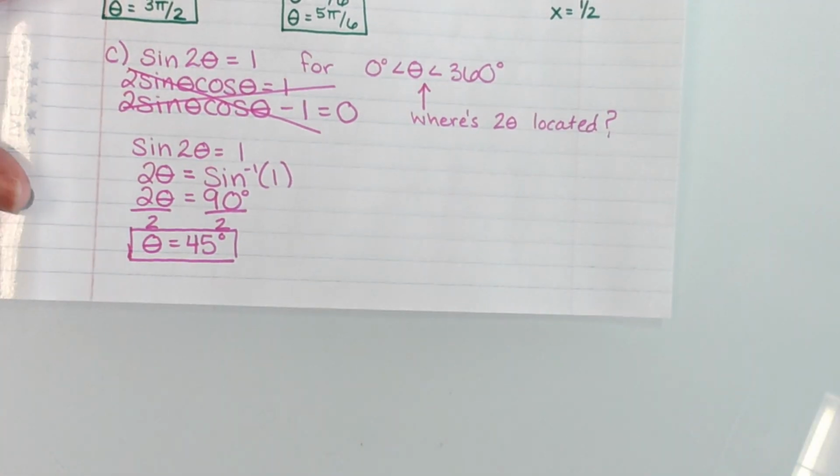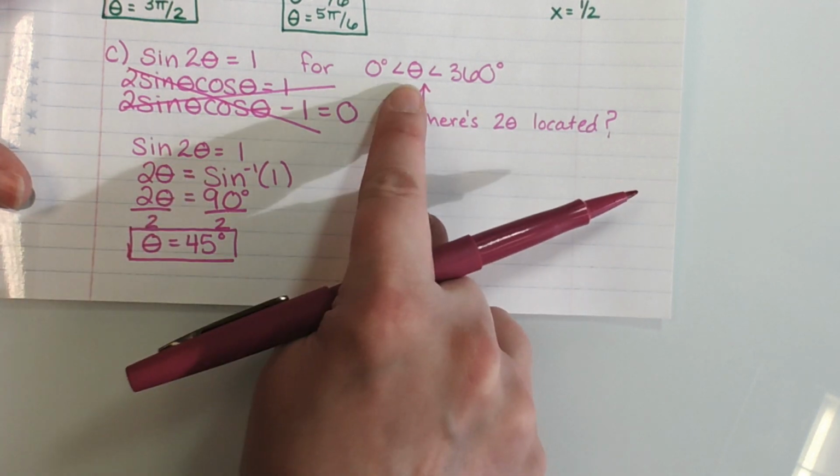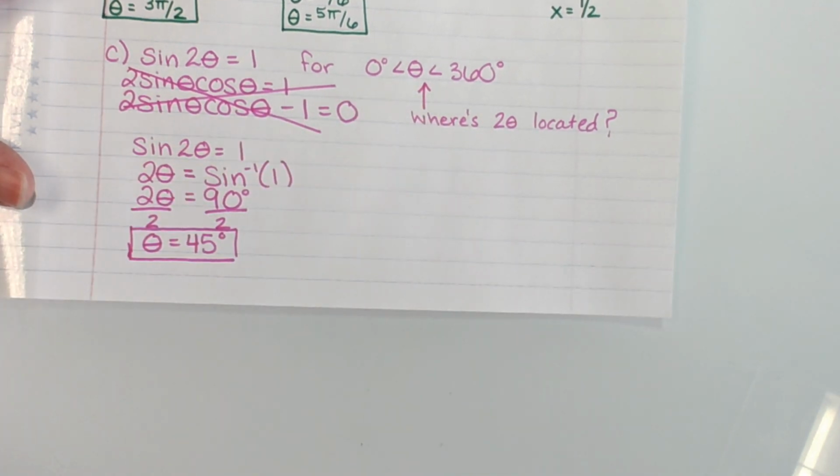If theta is between 0 and 360, where is 2 theta? How do you change from theta to 2 theta? You double, you multiply by 2.